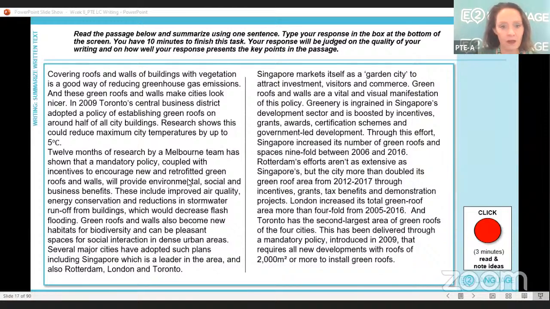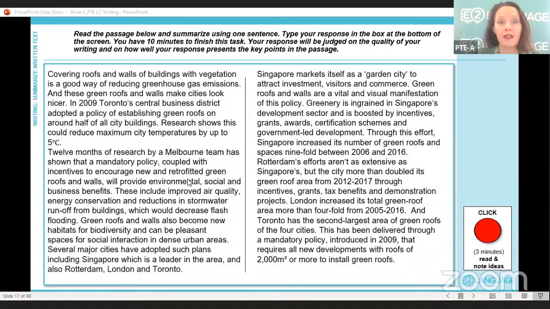All right, so let's look at another one. And let's go to maybe someone I haven't read. So Vishaka. Vishaka said, "Green roof walls now are becoming more and more popular in the cities like Melbourne and Singapore, not only because they provide environmental benefits, but also have social importance."